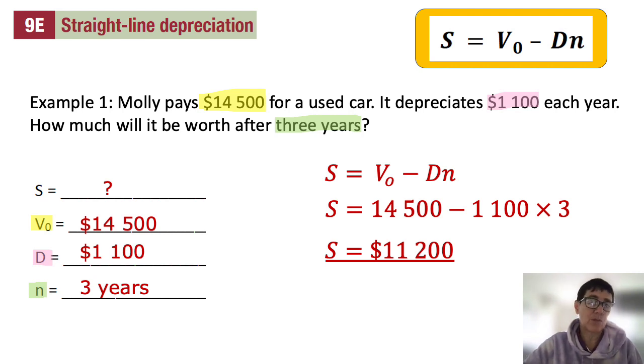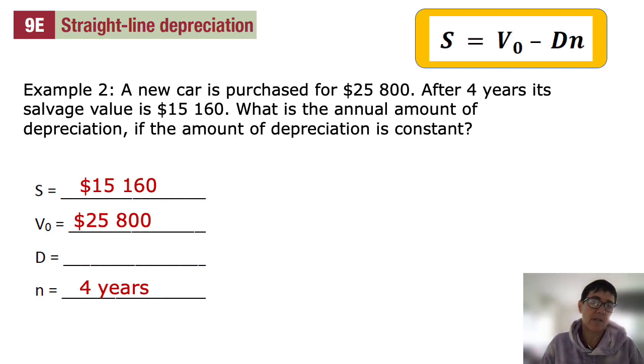All right, example 2. A new car is purchased for $25,800. After 4 years, its salvage value is $15,160. What is the annual amount of depreciation if the amount of depreciation is constant? So when they say depreciation is constant, then we know we're talking straight line depreciation. Okay.